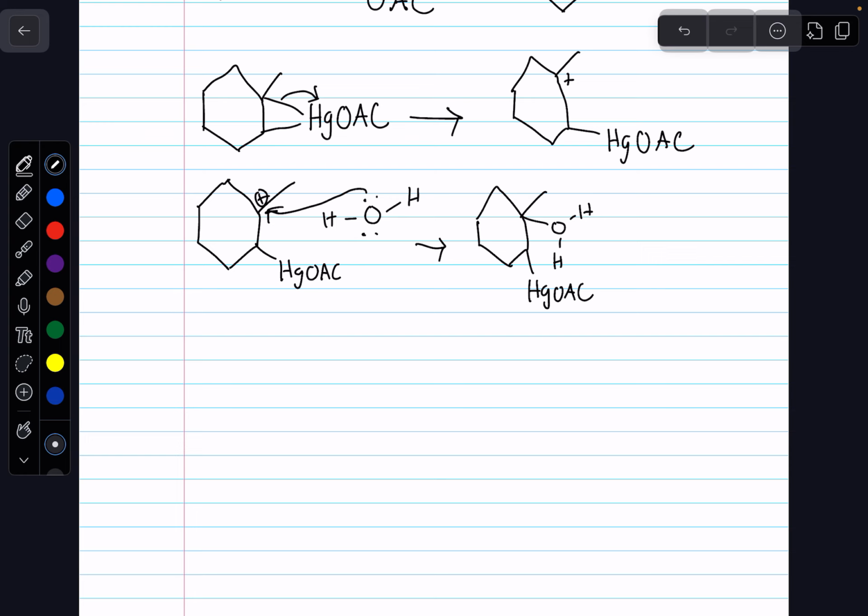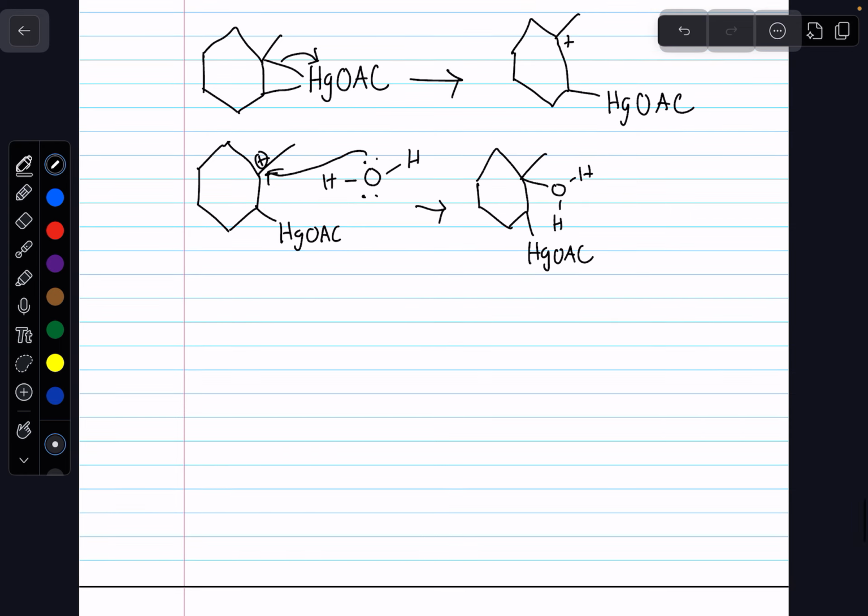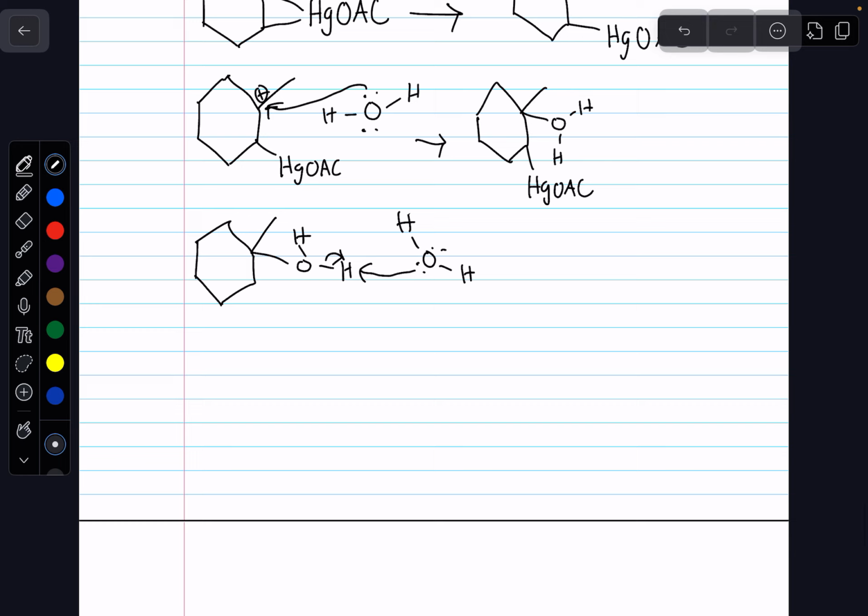So now we're here. We have a water molecule attached to that more substituted carbon. And so what's going to happen is another water molecule that's floating around is just going to attach itself to one of those hydrogens, and that's going to let go of that hydrogen. And then we have the HgOAc.